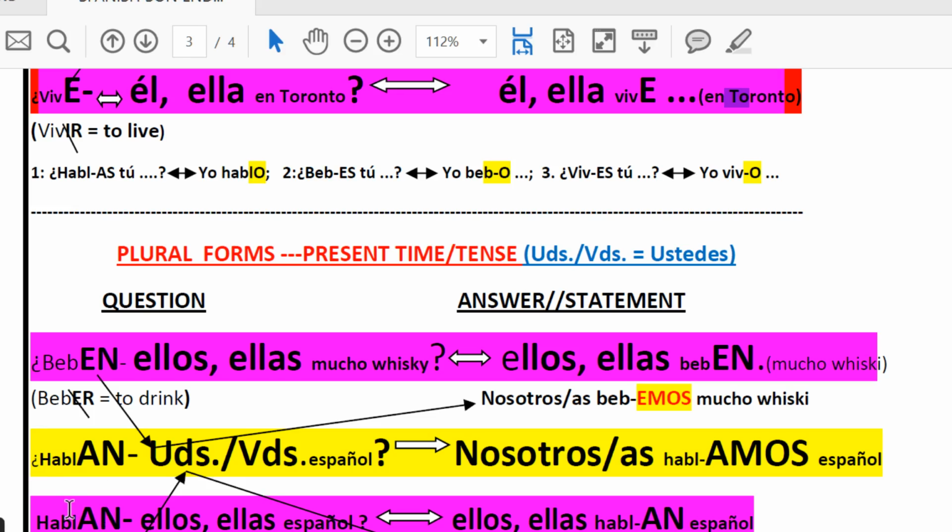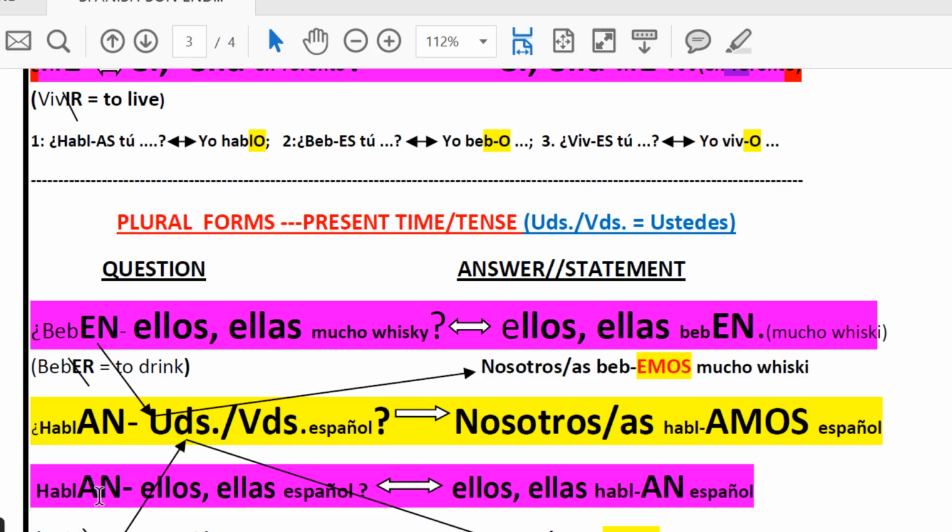Similarly, hablan ellos español? Do they, the males, speak Spanish? And the reply, sí, ellos hablan español.